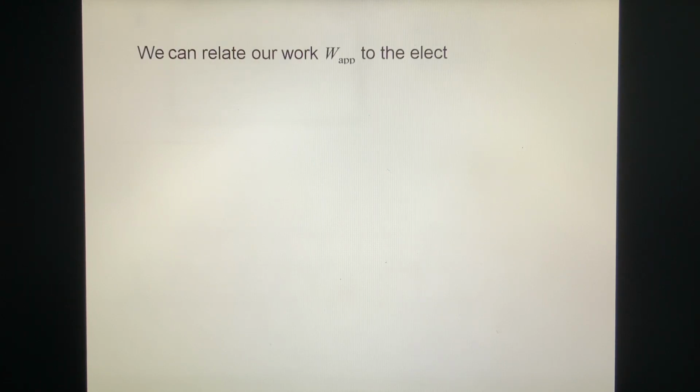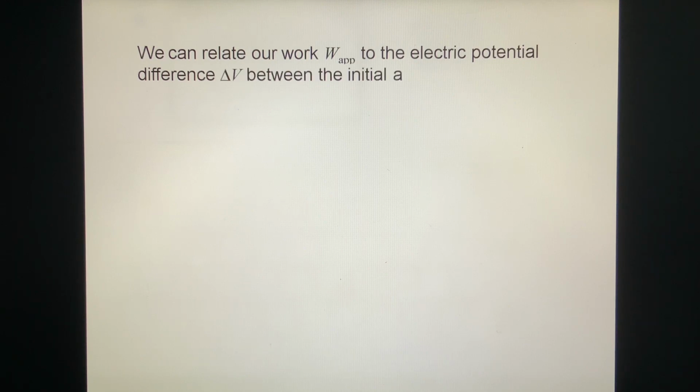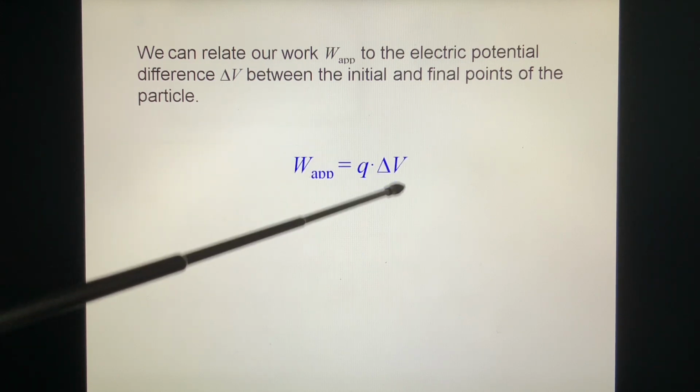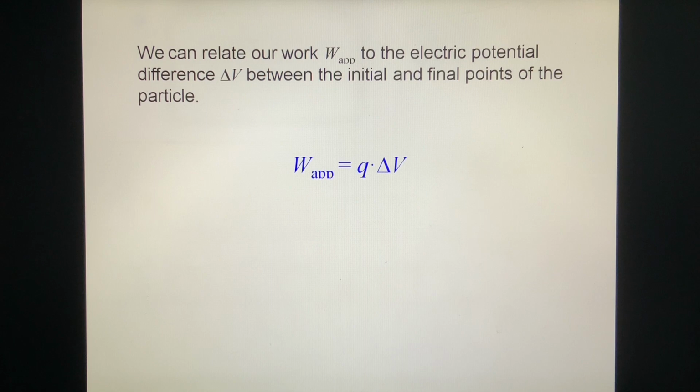We can relate our work W applied to the electric potential difference delta V between the initial and final points of the particle. This gives us a lot of convenience. We don't have to consider what happened in the middle, only the two terminals.